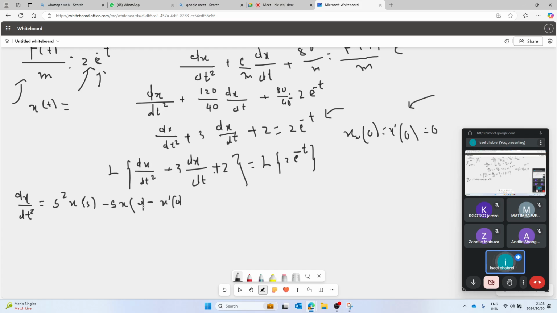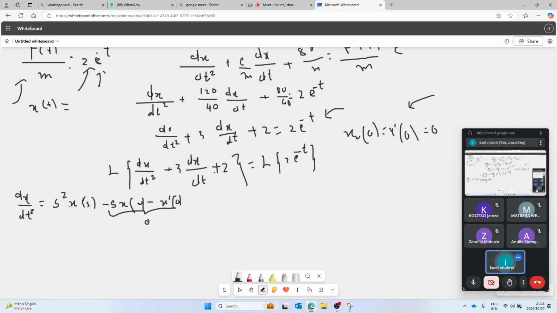Now, since in our case this and this are 0, we will not take this part into consideration. And guys, whenever you see all your initial conditions are 0, do not worry about what follows after the first expression in your Laplace formula.